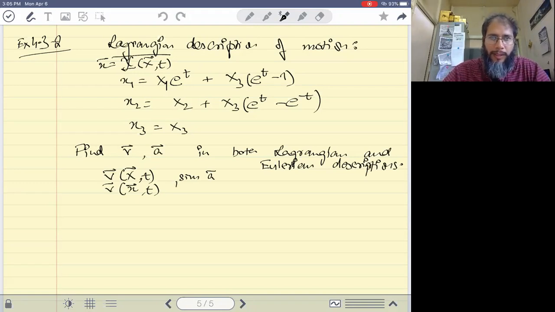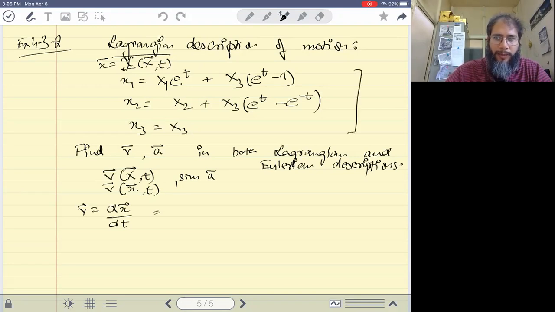Finding the Lagrangian description is straightforward because V, as you know, is d small x by dt. We already have the Lagrangian description given here, so all you have to do is take the derivative of the right hand side with respect to time. We already know that capital X is not a function of time, so capital X can be taken out.